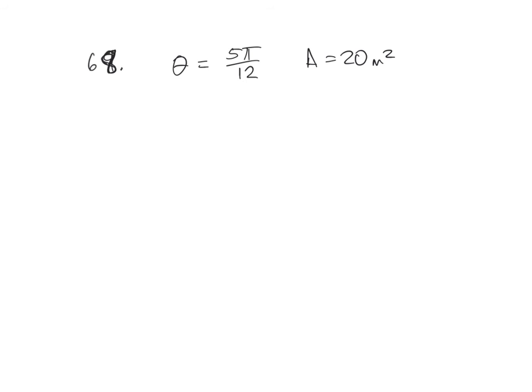So if we think about your circle, 5 pi over 12 is, if you take 5 times 180 divided by 12 on the calculator, going to give you 75 degrees. So we're talking about an area of a circle that's kind of like that, and that area is 20 meters squared.